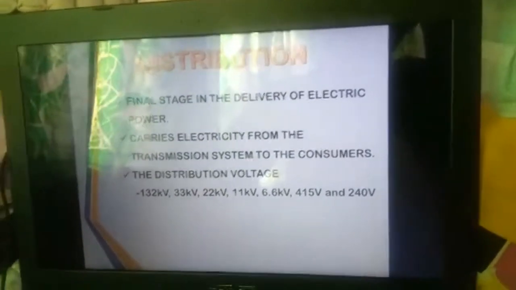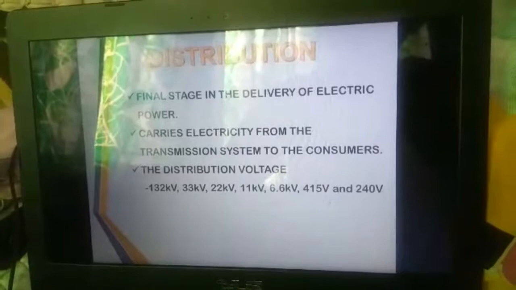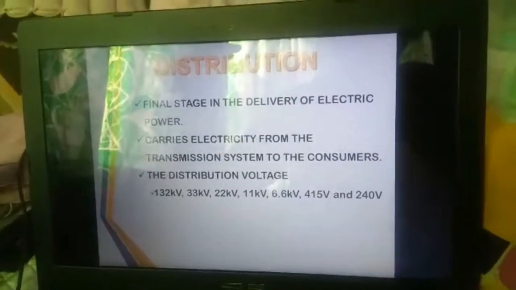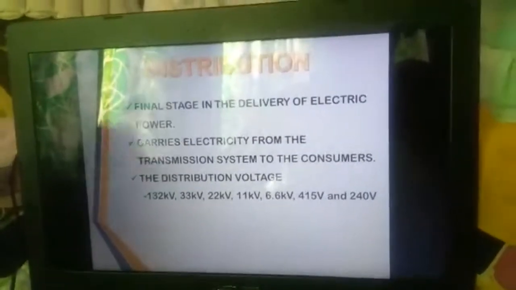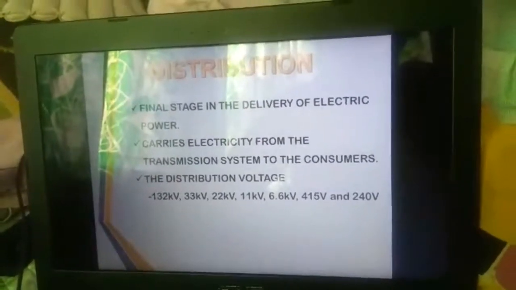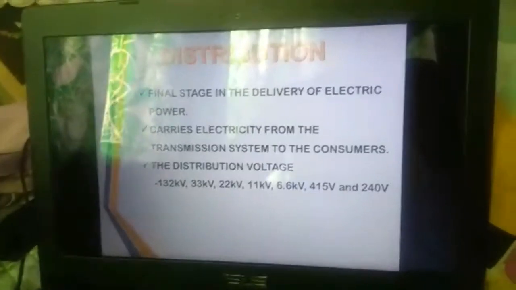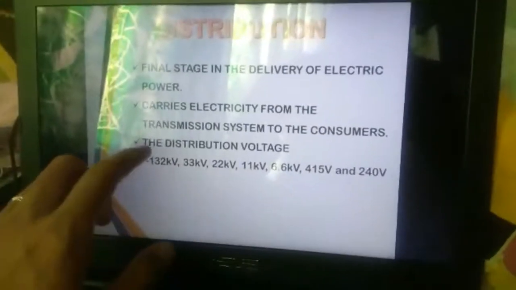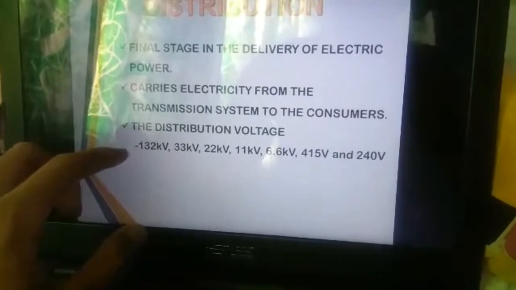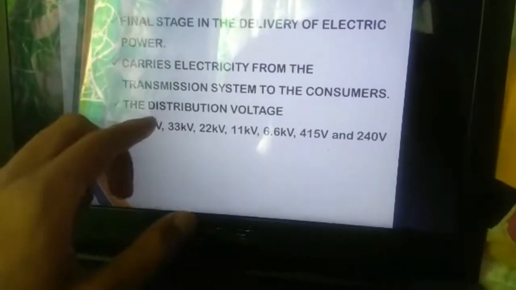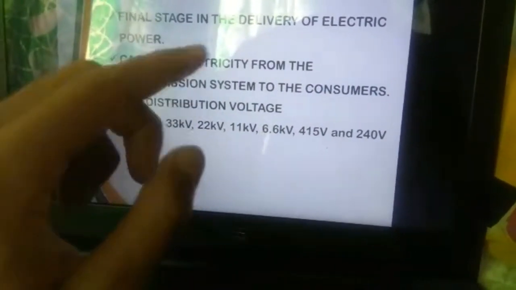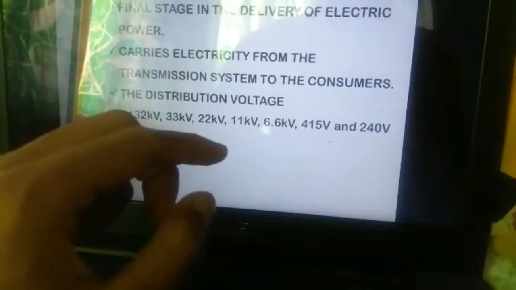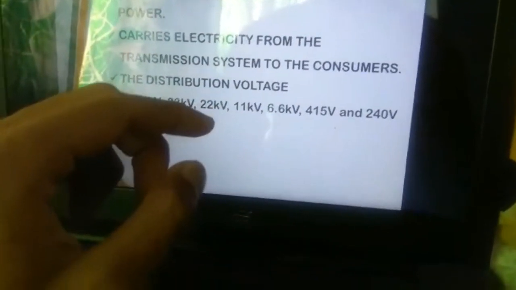And the fourth part is the distribution. It is the final stage in the delivery of electric power. It carries electricity from the transmission system to the consumer, and the station voltages are 132 kV, 33 kV, 22 kV, 11 kV, 6.6 kV, and 415 volt and 250 volt.